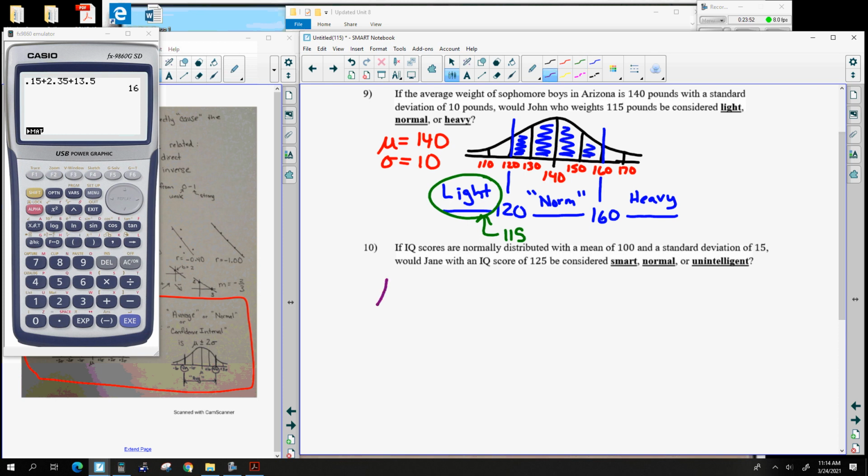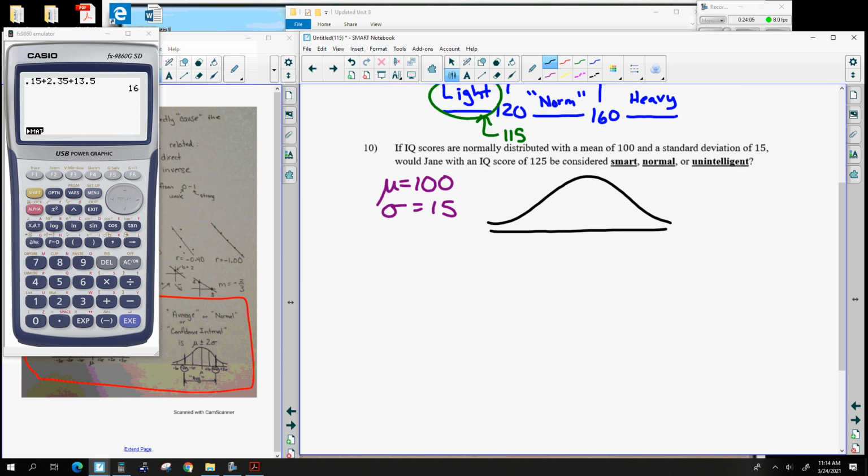Okay, so here we go. The mean is 100 and the standard deviation is 15. I'm going to make this just a little bit wider.